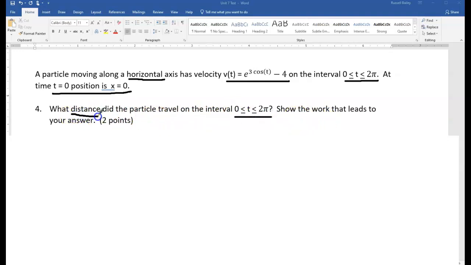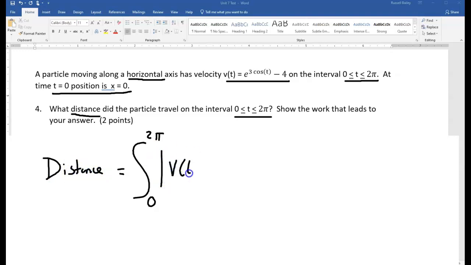So they want distance. Now, most people did okay on this, but on the setup, so they knew it was to find distance. I'll go ahead and write that out here. To find distance, you do the integral of the absolute value of your velocity.